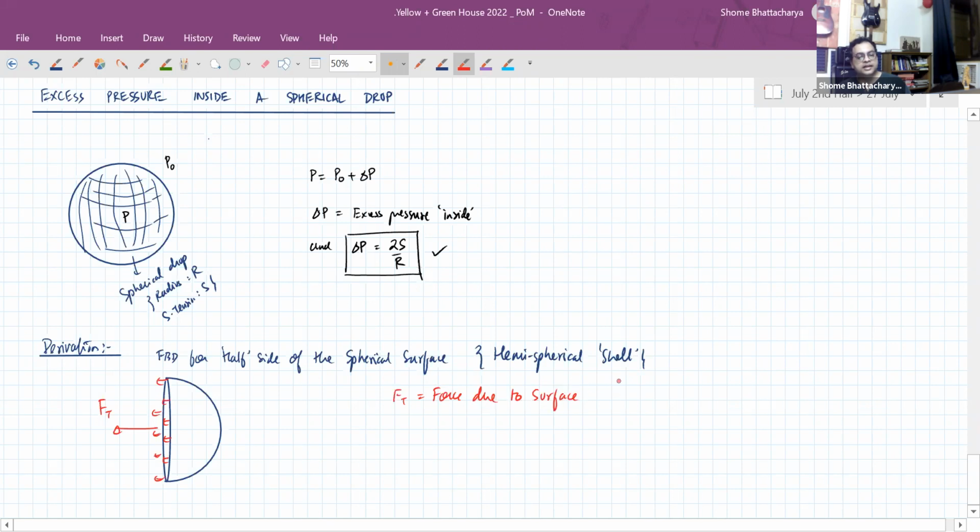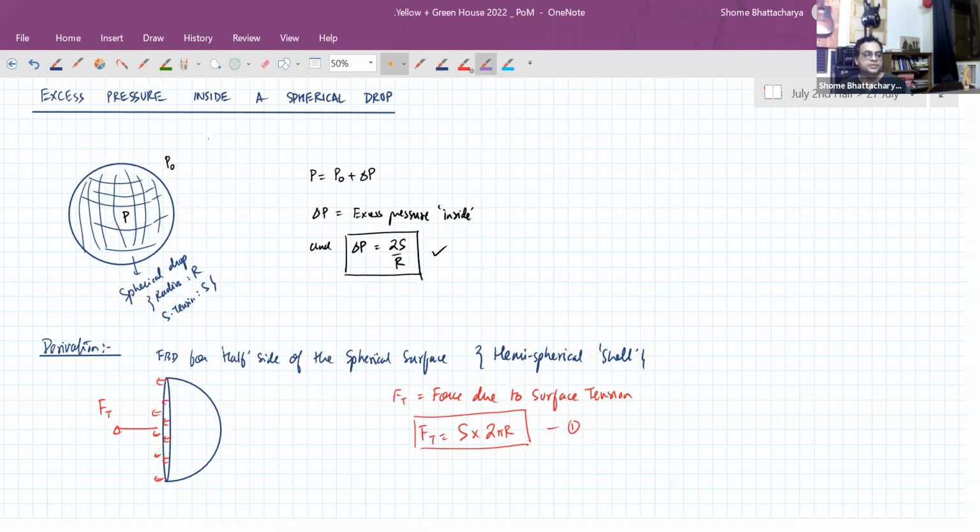So that's like the intermolecular attractive force between half the surface on the left hand side and half the surface on the right hand side. So the surface on the left side is pulling the surface on the right side with surface tensional force. And that net force, you can see, will become surface tension of the liquid into the total circumference, that is 2 pi r. That's the first thing. Okay.